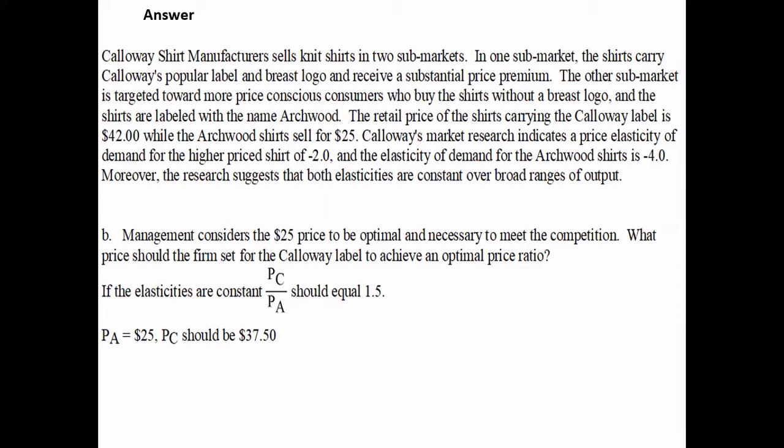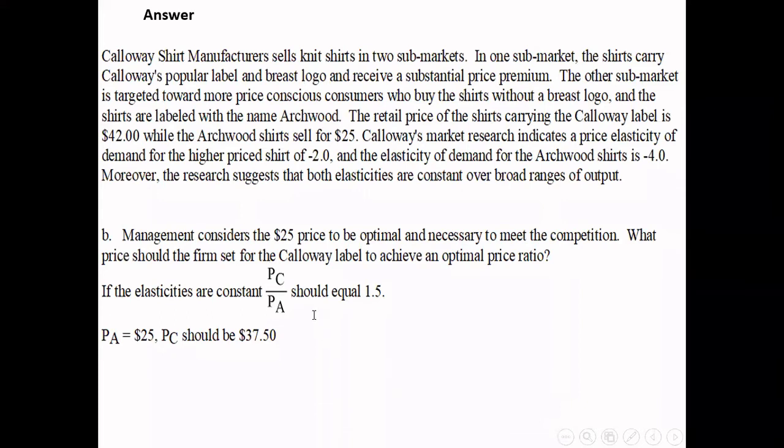What price should the firm set for the Callaway label to achieve the optimal? So here I need to determine the competitor's price. How can I determine the price of the competitor? I'm going to substitute in the equation that I did before, if I want to reach the optimal level.